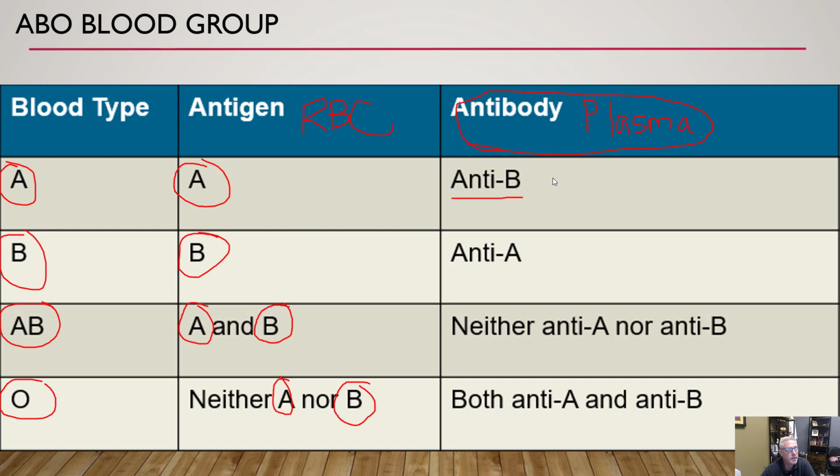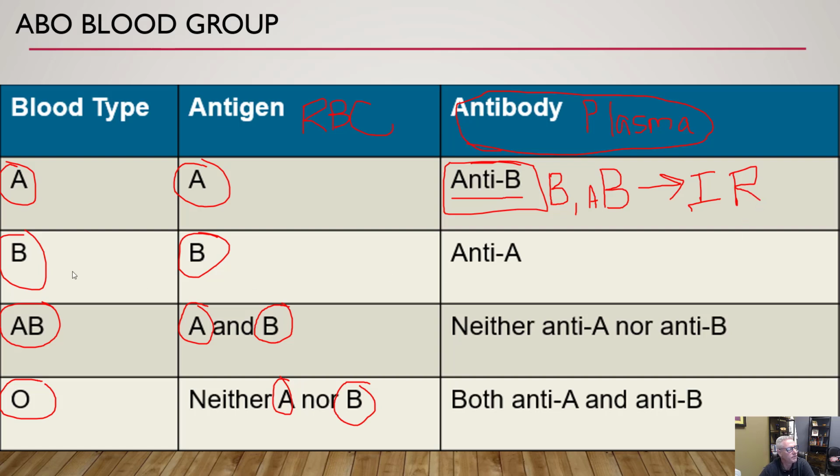So that means if we receive type B blood or type AB blood, I'll write the B in big to highlight the B portion of AB blood, we're going to trigger this anti-B antibody, and we're going to trigger this immune reaction, agglutination.